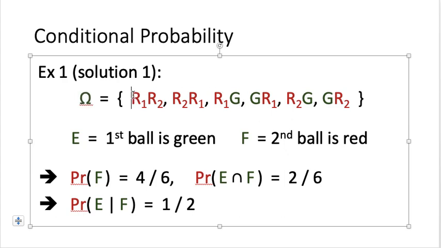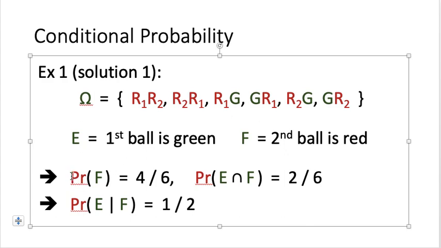We may select R1 and then R2, or we may first select R2 and then R1, or we may select R1 and then G, or G R1, or R2 G, or G R2. So altogether there are 6 possible outcomes for this experiment, and each of these outcomes is equally likely.